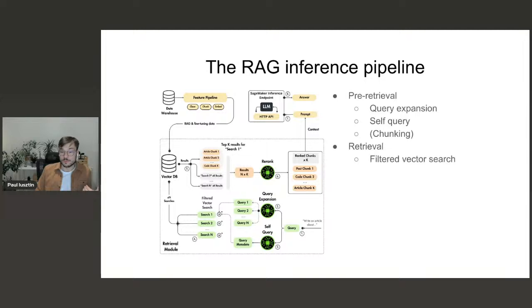Now, on the retrieval part, we used a simple filtered vector search that reduces our search space to only documents that we know we care about. So we reduce the chance to grab faulty chunks, faulty documents. Other things that you could think about is hybrid search, especially in systems that still use keywords.